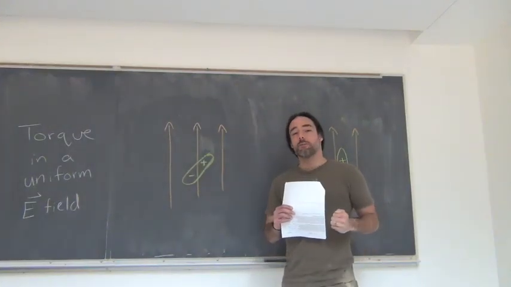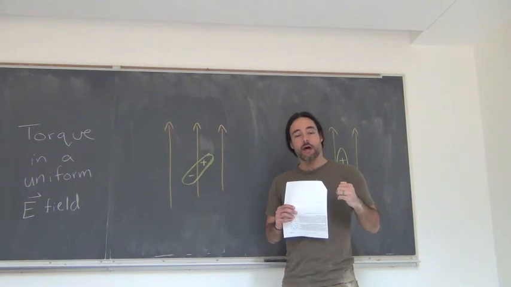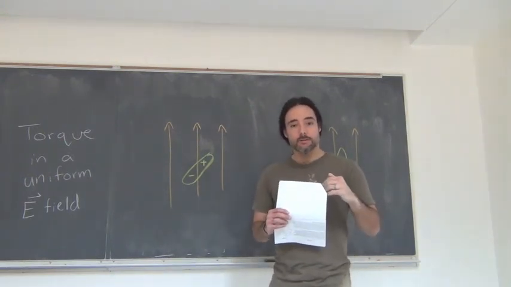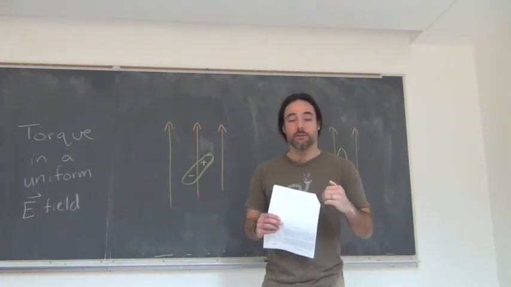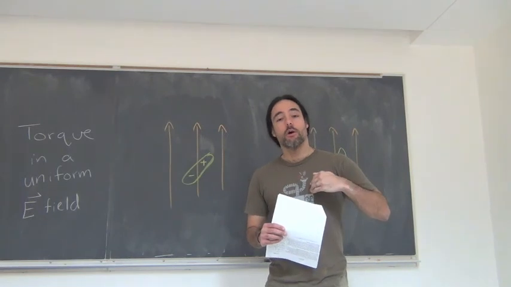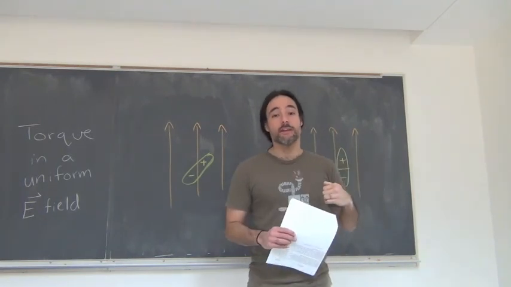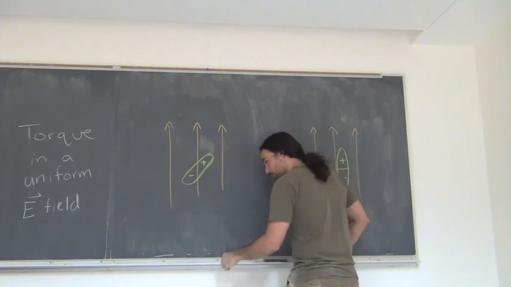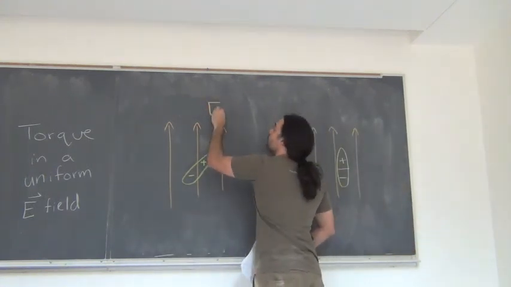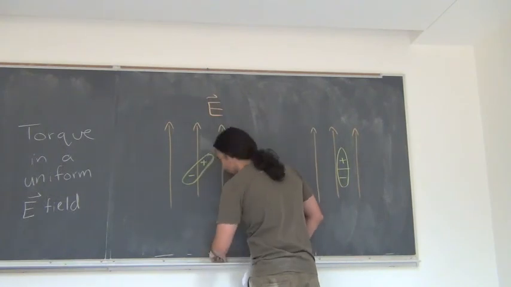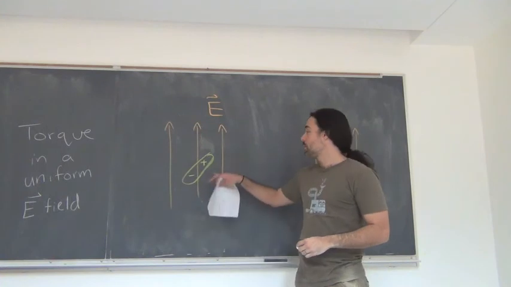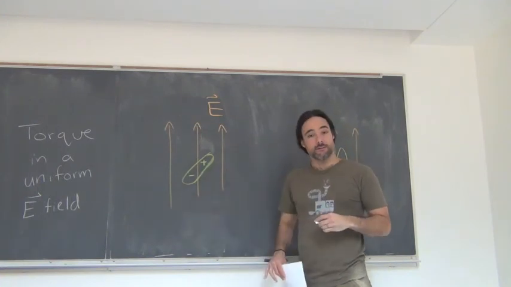The last thing that I will note is that if you have a uniform electric field and dipole molecules in that field, those molecules will experience a torque that wants to align them with the field. For example, suppose we have an electric field pointing up as drawn here, and we have some dipole molecule drawn in green with a positive end and a negative end.